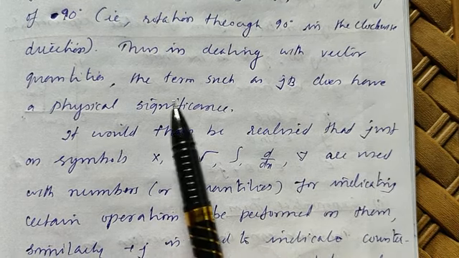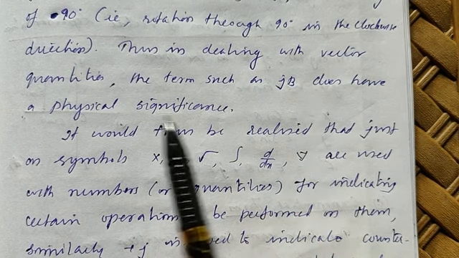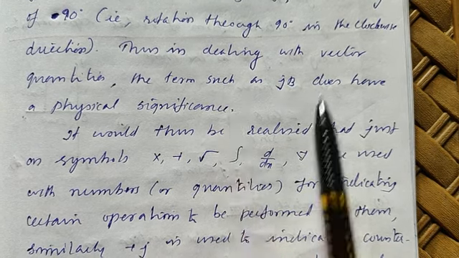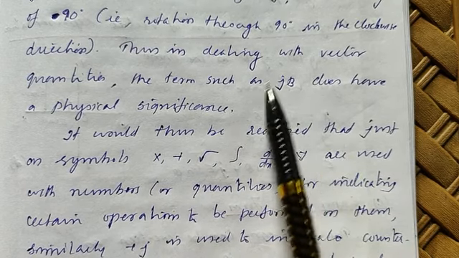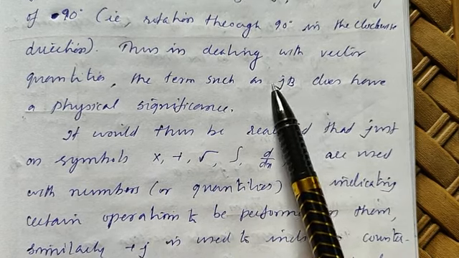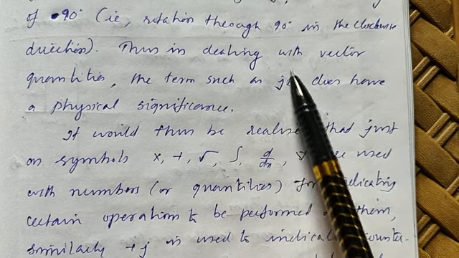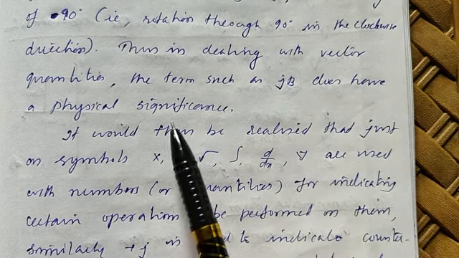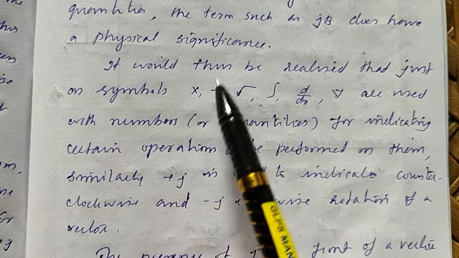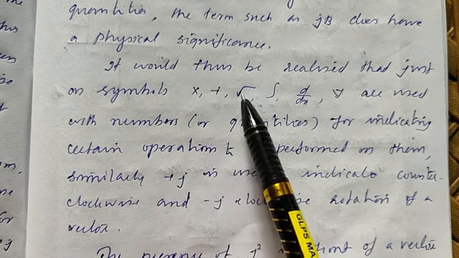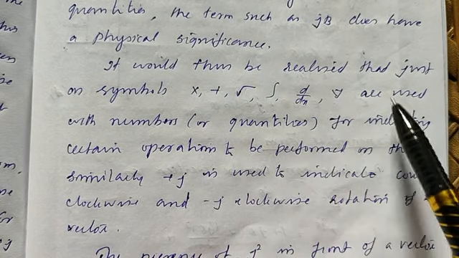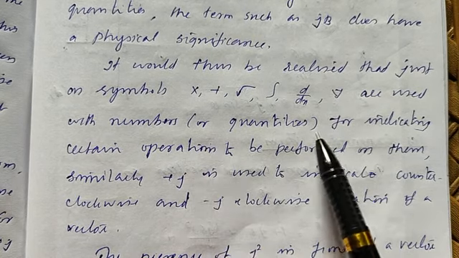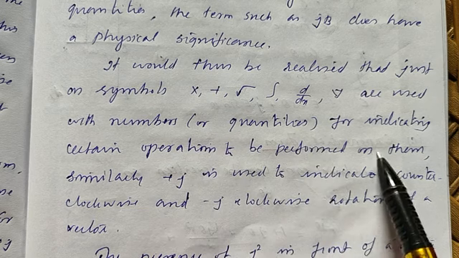When dealing with vector quantities, terms such as jB do have a physical significance. So when we are dealing with a vector quantity, this j into B, or the operator j into any quantity in that vector, does have a physical significance. It would thus be realized that symbols like multiplication, addition, square root of, integration, d by dx, del are used with numbers or quantities for indicating certain operations to be performed on them.